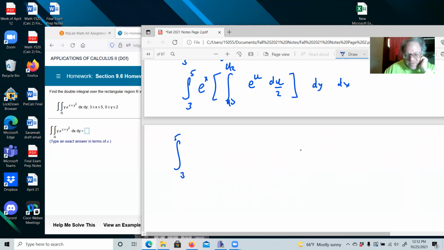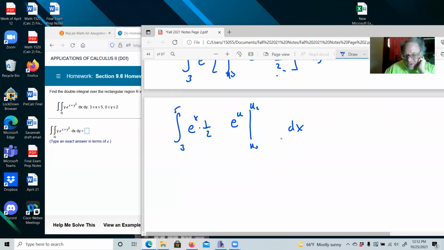So this is 3 to 5 e to the x. Oh, there should be a 1/2 here. This will float too because it's a constant. Integral of e to the u is simply e to the u, for u of 0 to u of 2, and then dx.